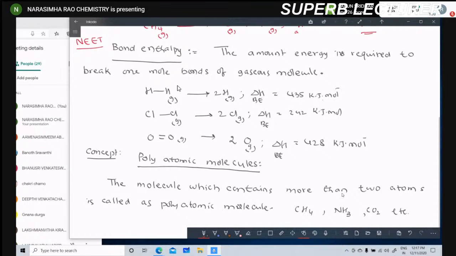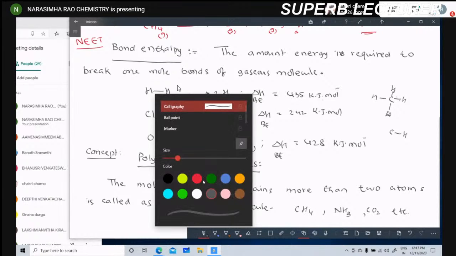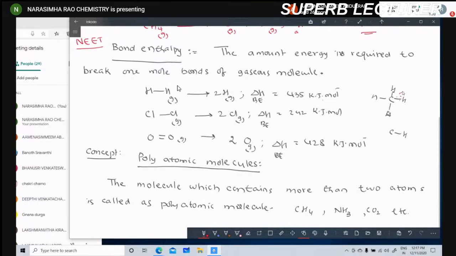So in the case of methane, consider the bond dissociation energy of the C-H bonds. I am giving numbering for the breaking of bonds: first C-H1, then C-H2, C-H3, C-H4.